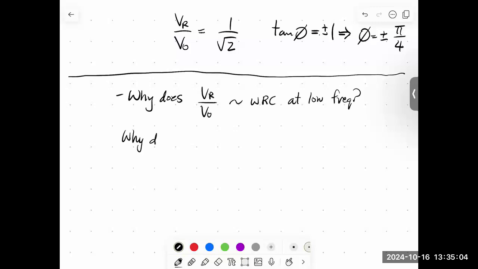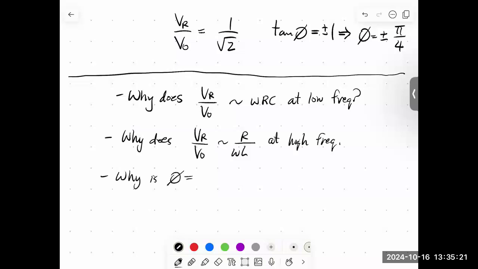Why does VR over V naught go as R over omega L at high frequency? And why is phi equal to 0 when omega equals omega naught? Okay, so let's start with those questions and we'll see how far we can get.